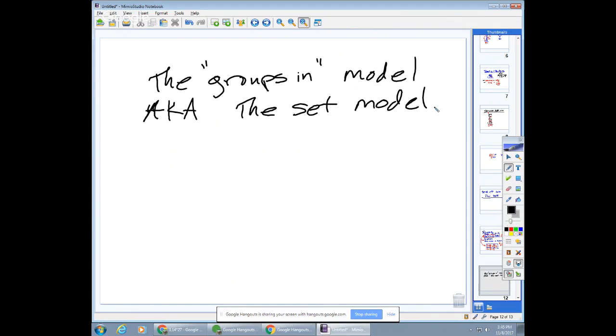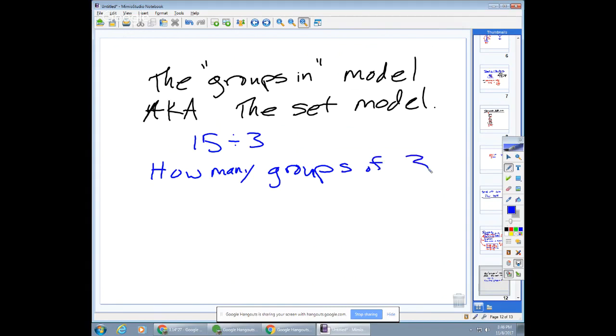So I call it the groups in model. And that's what Ashley was thinking for the 15 divided by 3. How many groups of 3 are in 15? Is the question I want to answer.